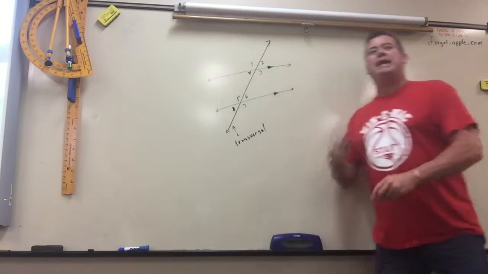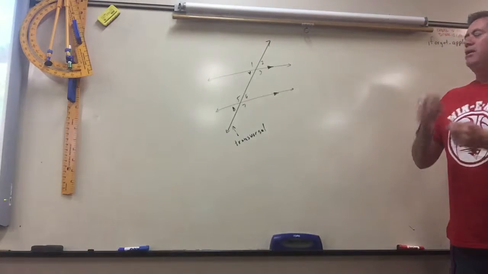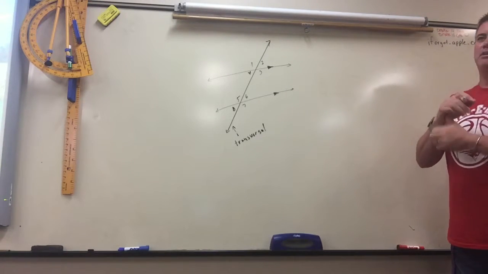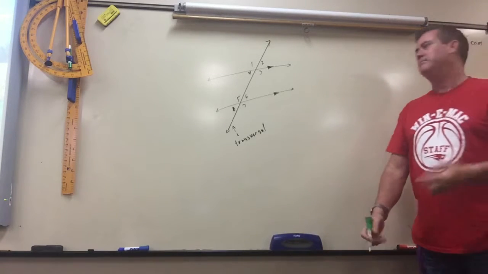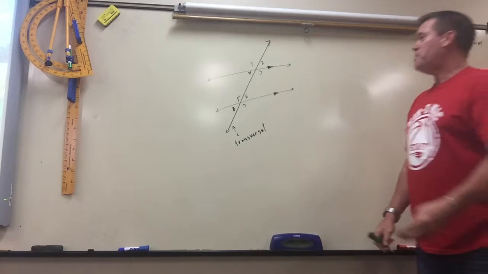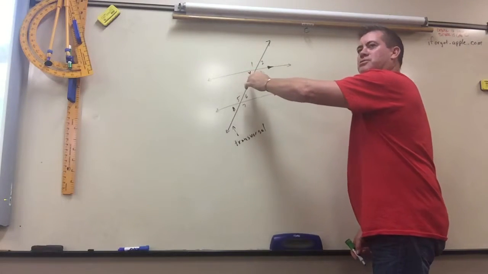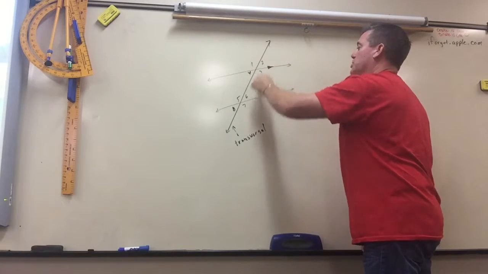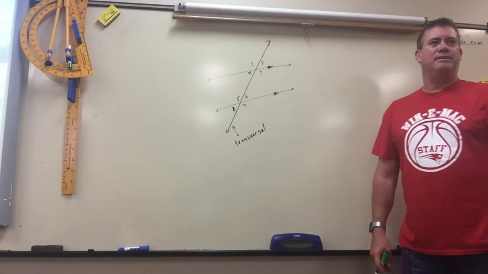Now any two angles you pick, when these lines are parallel, one of two things is going to happen. They're either going to be equal to each other or they're going to be supplementary. Remember what supplementary means? Add up to 180. So, if I pick 2 and 4, obviously you can see they're vertical, so those are congruent. If I picked 2 and 6, do you think that they're equal or do they add up to 180?